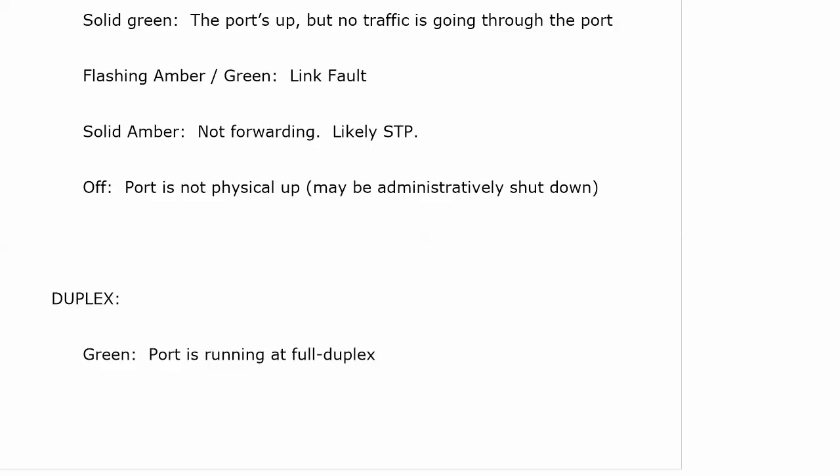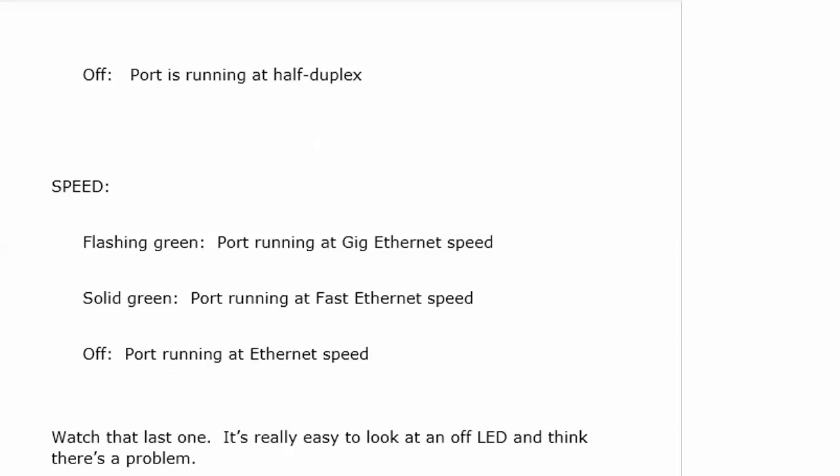With duplex, off doesn't necessarily mean that you don't have a duplex at all. Green means the port is running at full duplex, and off means it's running at half duplex. So that's where off doesn't mean the port is totally down. Half duplex is better than no duplex at all, but you still should do something about that.